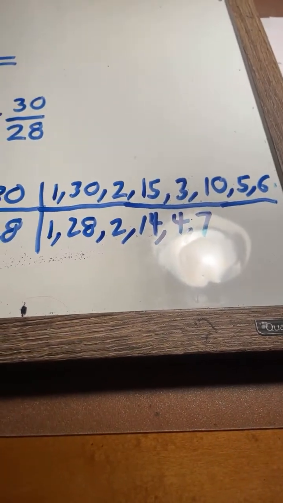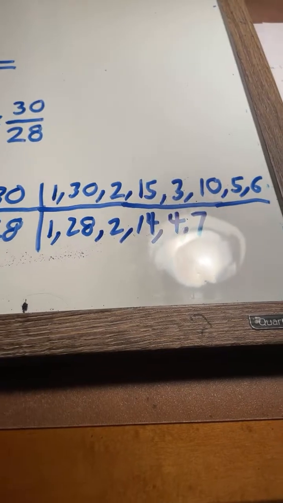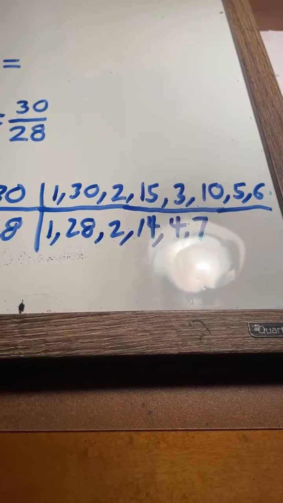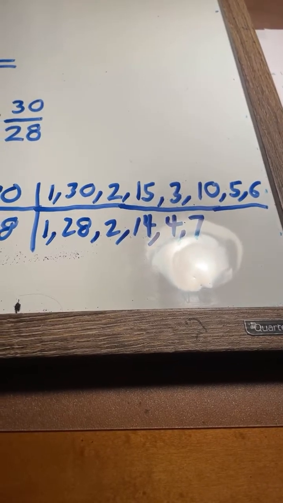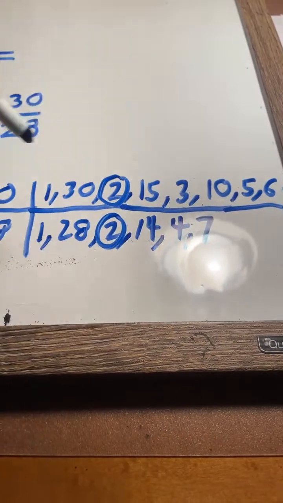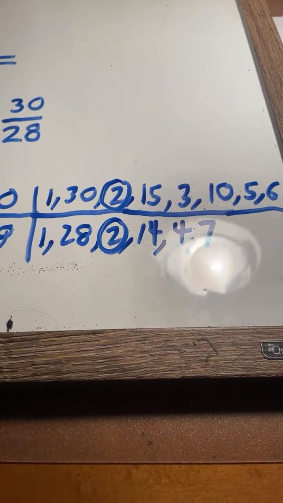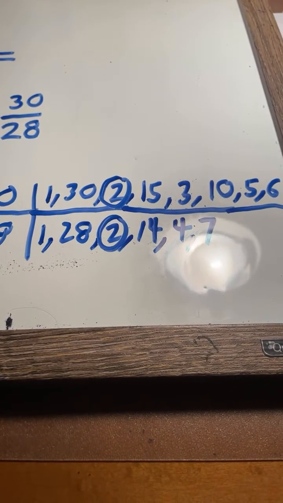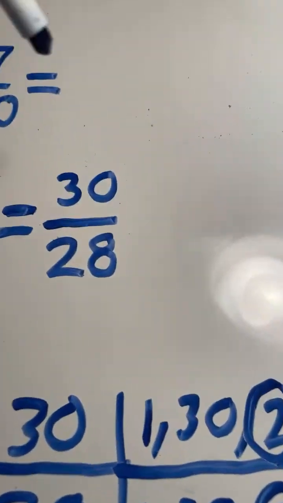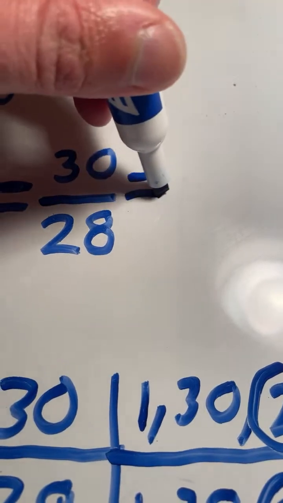So we have all our factors here. Now the greatest common factor, the biggest number that both 28 and 30 have in common, is 2. So that is what we need to divide by to reduce 30/28 to lowest terms.